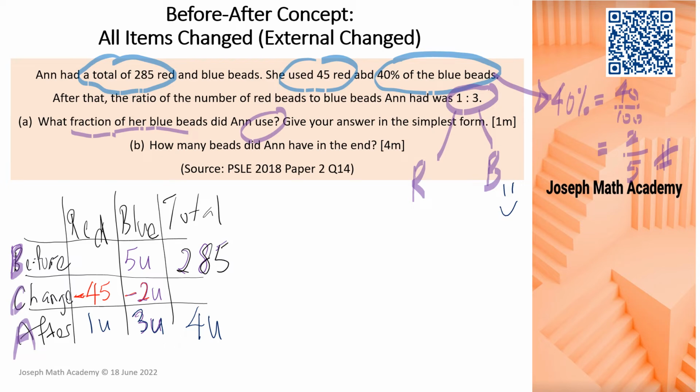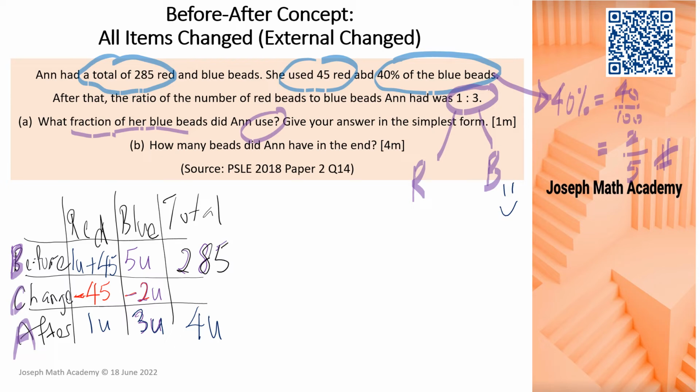Now, for the red beads before, if you use the working backwards concept, you should know that it is 1 unit plus 45. It's a part whole concept, working backwards, 1 unit plus 45, so it's a reverse operation.